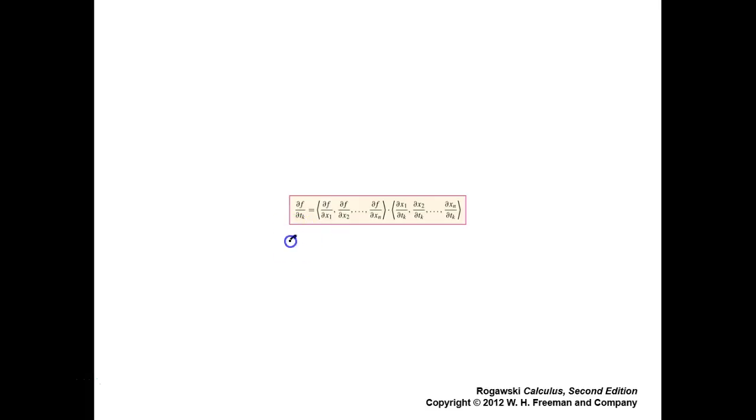So this is another way of saying the partial of f with respect to t sub k would be the gradient of f of x1, x2, x3, dot, dot, dot, up to and including x sub n. Okay.